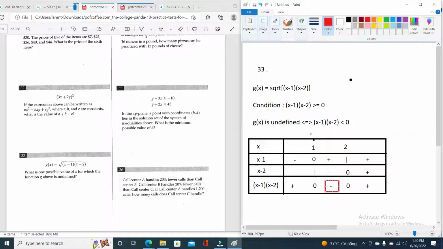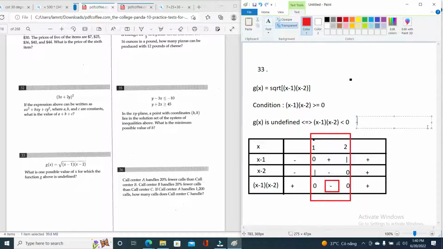So anything between 1 and 2 makes this thing undefined. So this is equivalent to 1 < x < 2.